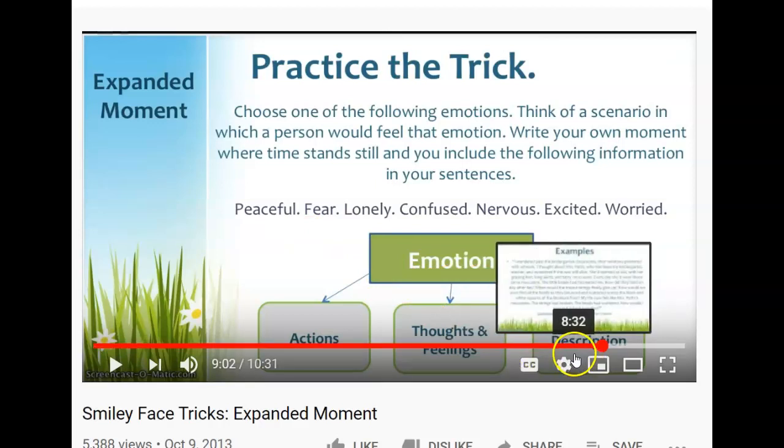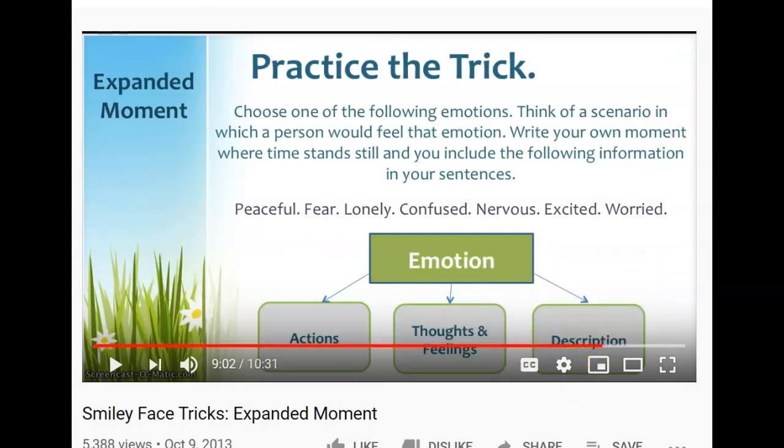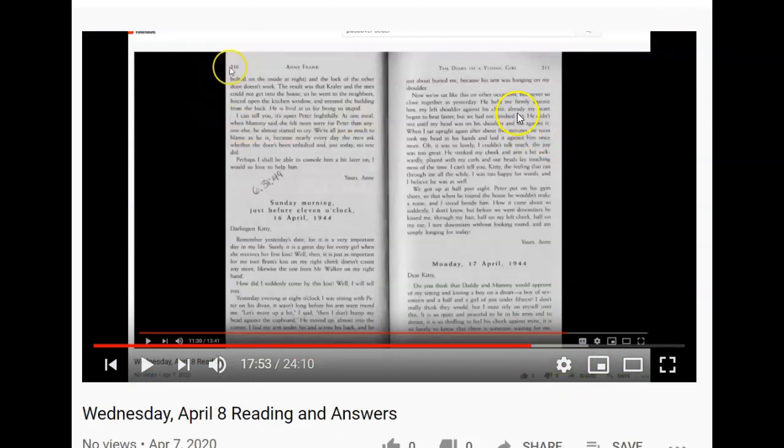So let's go to Anne's example. I tried to make this bigger, but it just didn't work out very well. So you can pause it and look at it, or you can use your book. It's page 211, and yes, I know it's that scene where she finally gets her kiss from Peter, but she is very good at expanded moments.